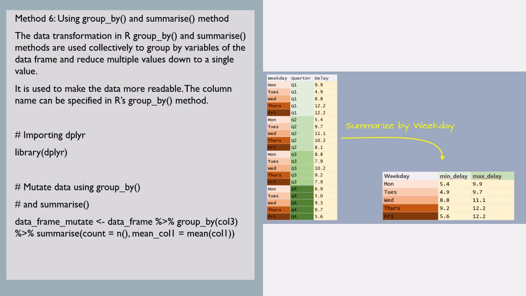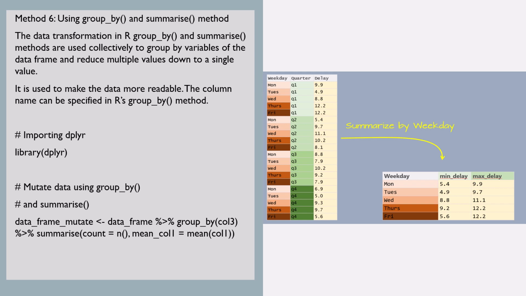For example, if you have a column that has weekday, Monday, Tuesday, and so on, up to row 1000, and you want to know how many of them were Monday, how many of them were Tuesday, you would use the group by and summarize the counts. So it's used to make data more readable, for example, making frequency tables.